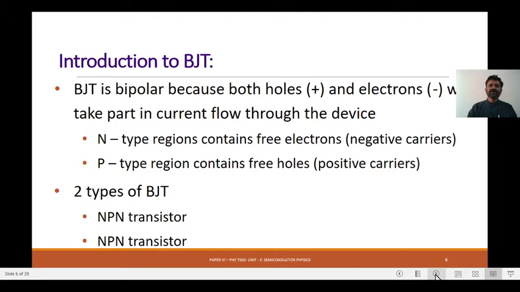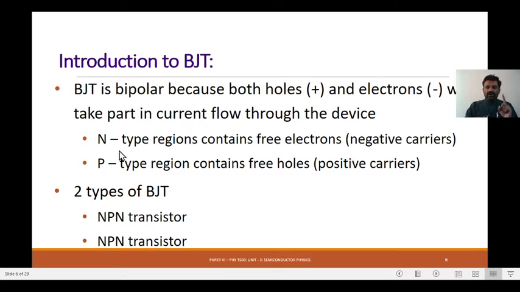Now coming to the introduction to bipolar junction transistors. A bipolar junction transistor, why the word bipolar, two poles. A BJT is bipolar because both holes and electrons are charge carriers. That means the current flow is because of both types of charges, electrons and also holes, in these devices.